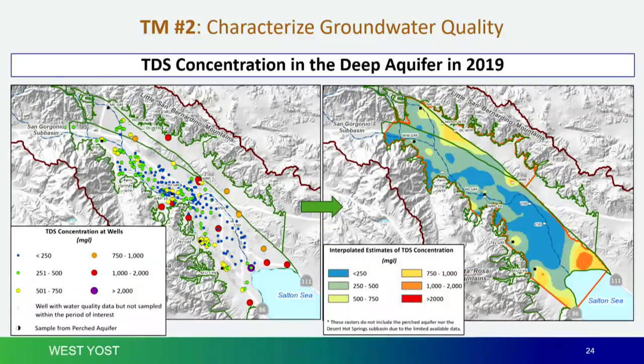And the red dots represent higher concentrations all the way down to the blue dots, which represent very low concentrations of total dissolved solids. So that was the root data that we used. And then we used interpolation tools to generate a rasterized surface of groundwater quality across the entire basin. We need to understand, or at least have an estimate of what groundwater quality is like across the entire basin for input to the computer simulation models.